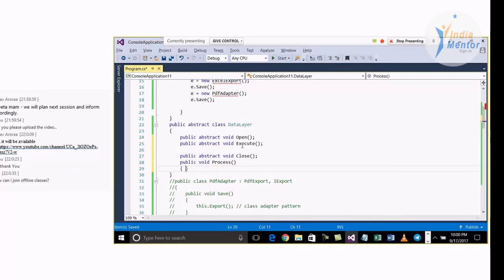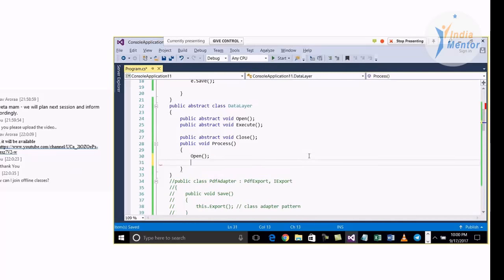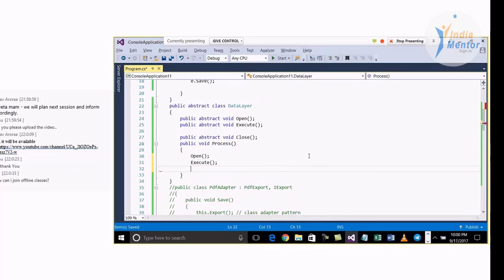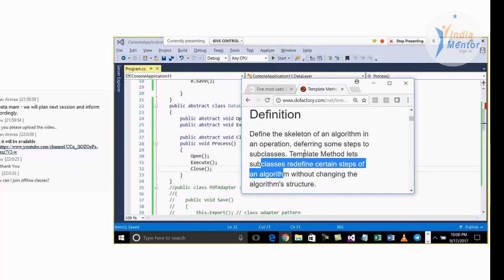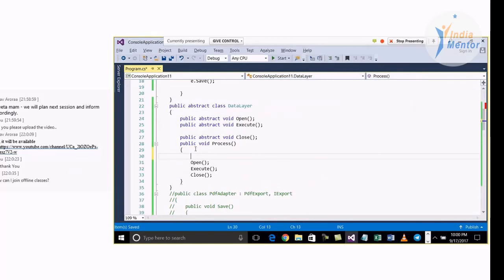In this process, I will always open first, then I will execute, and then I will close the connection. Now, this defines the skeleton of the operation. So this one here defines the skeleton of the operation.